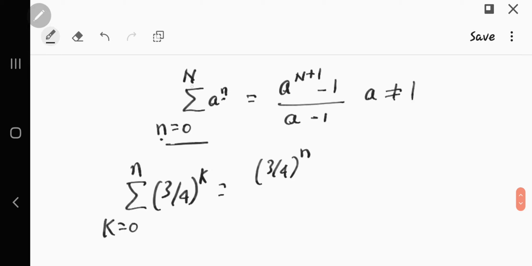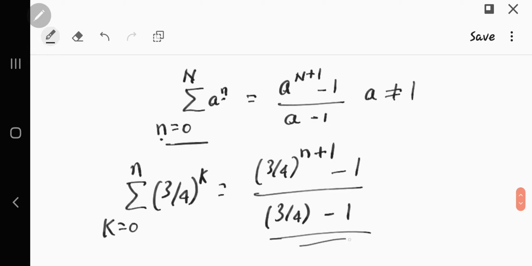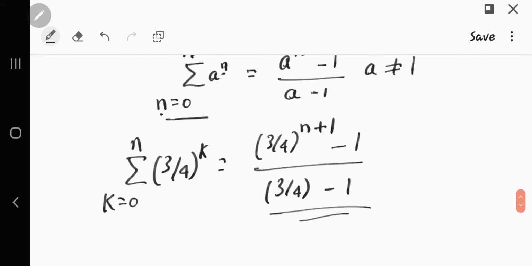So here it may be n or it may be some integer value. If n has an integer value, we just substitute that value and simplify. The same here: n plus 1 minus 1 divided by 3 by 4 minus 1. So this is the final answer.